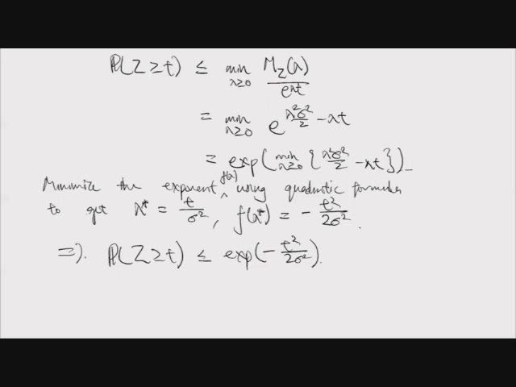That's one remark. Another remark is that it seems to be a little bit overkill for normal random variables, because if you want to compute the probability of z being bigger than t, you can just look at the normal CDF, and we know exactly what it is. We have Python functions to compute it. So there's no real reason why we should use Chernoff's method to get a tail bound.